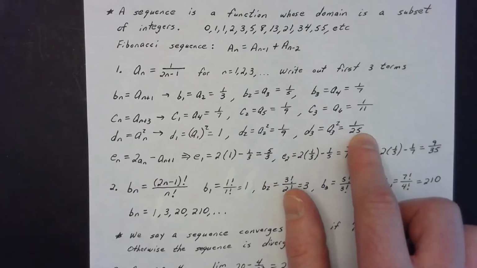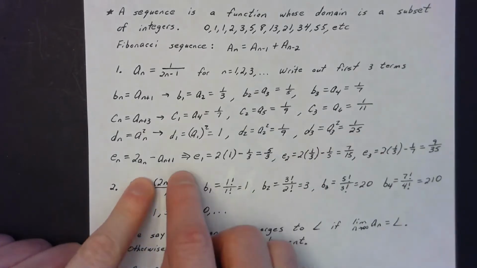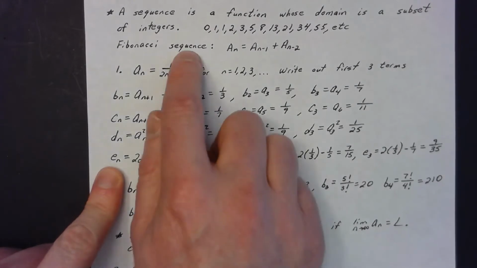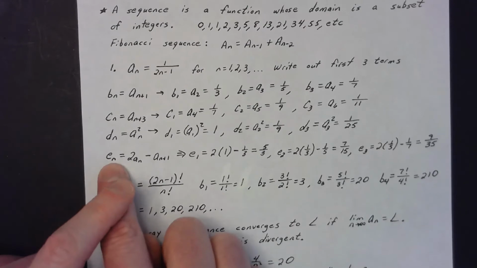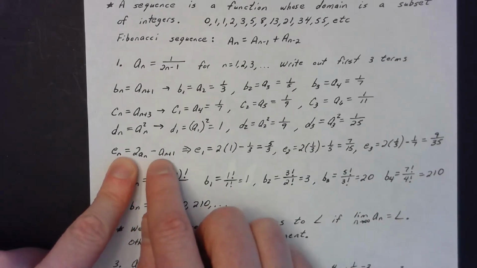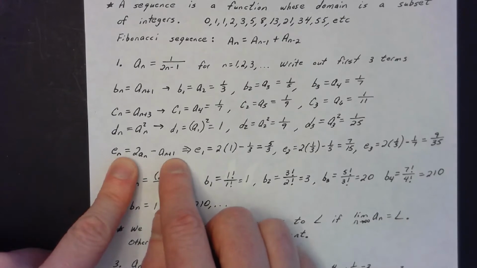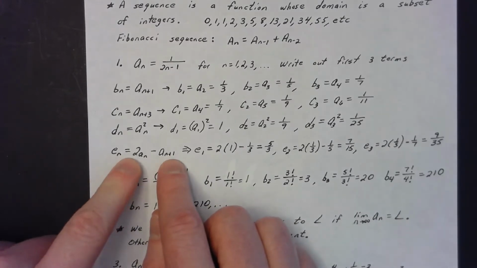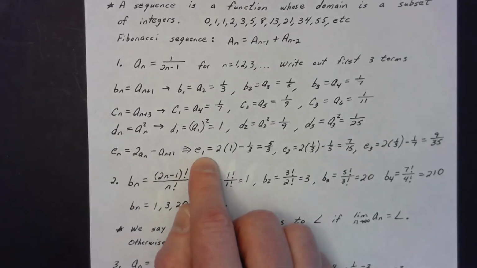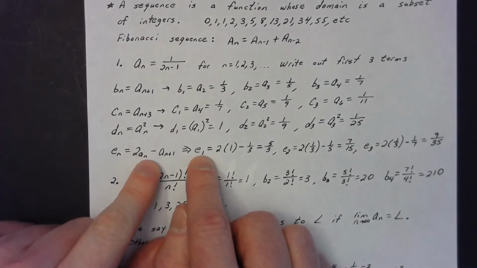Now, what if I let a sequence, not a series, a sequence e sub n equal 2 times a sub n minus a sub n plus 1? No problem. You just say your first term of the sequence e is going to be 2 times a sub 1.